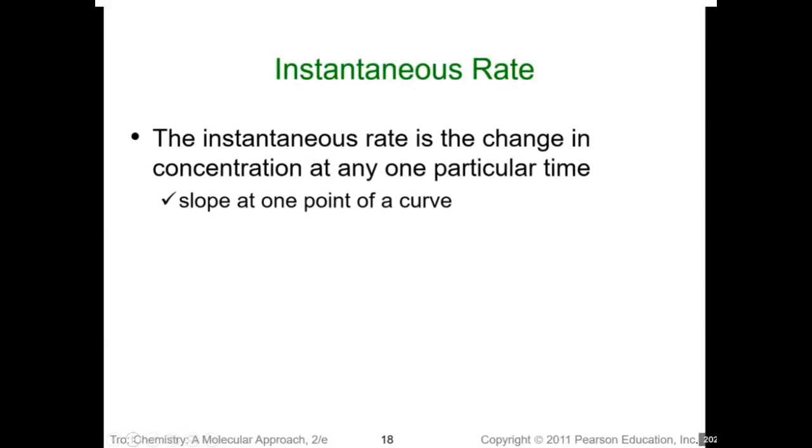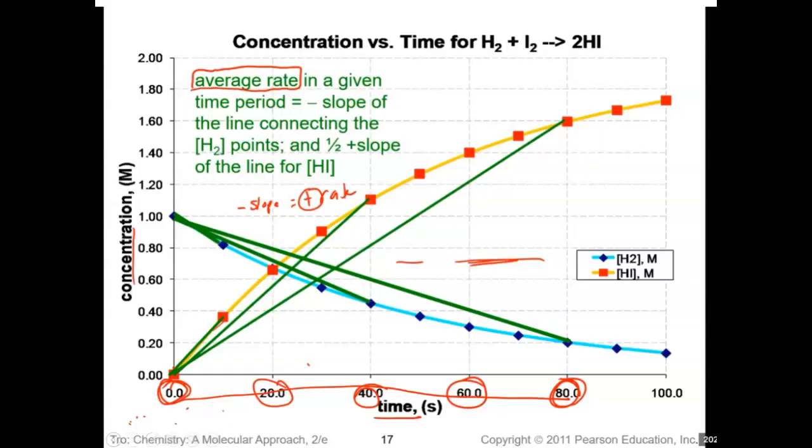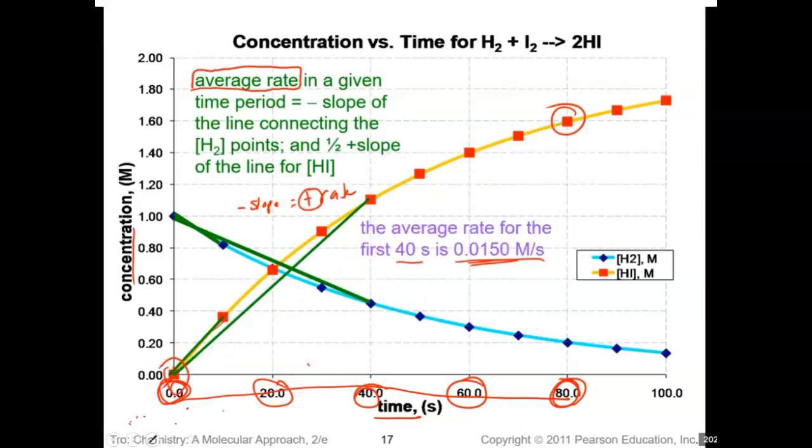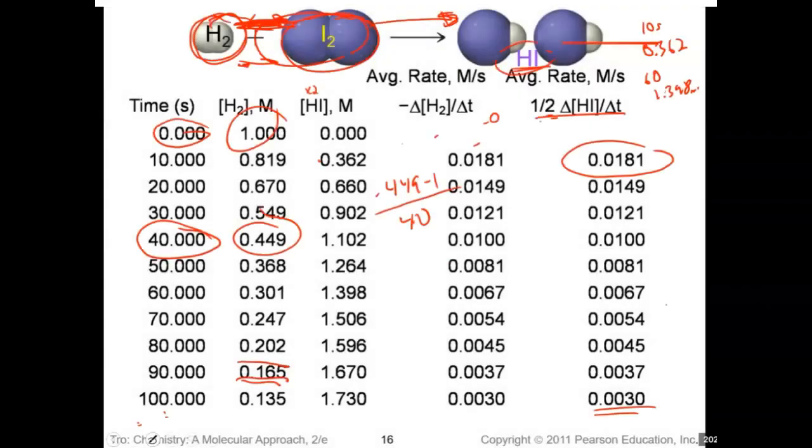Okay, so now we're going to look at instantaneous rate, versus what we just looked at, which was average rate. So I need to go back here. The average rate is the change in x and the change in y. We're going back because your brains are going to need some time to absorb what we're about to talk about.